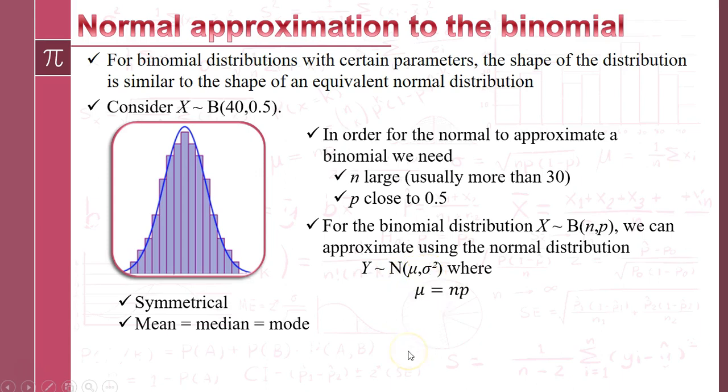And what we've got is mu, the mean of a binomial distribution, is n times p, so that's the number of trials times the probability of success. And as it turns out, the variance for a binomial distribution is n times p times q. So we've got mean and variance, so those are the two parameters that I'm looking for to be able to use in my approximating normal distribution.